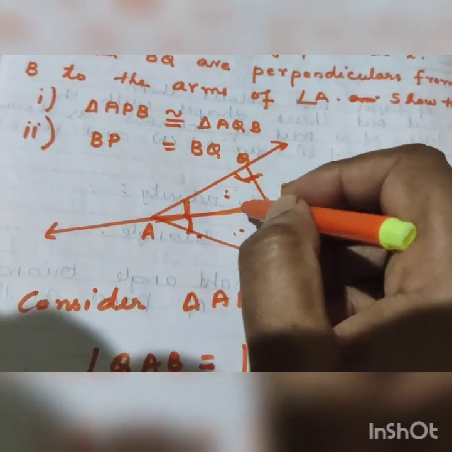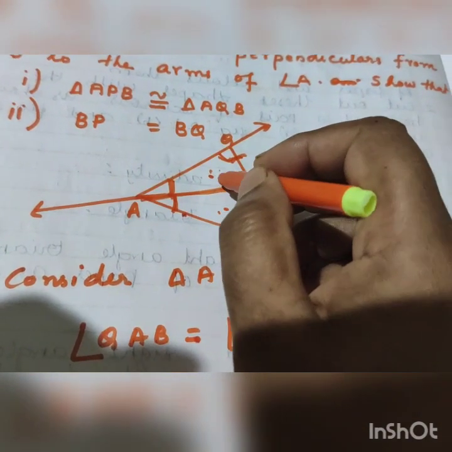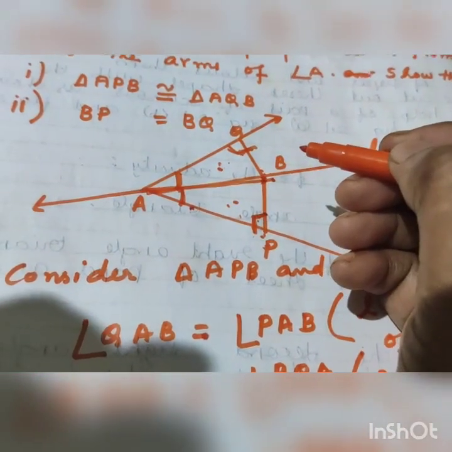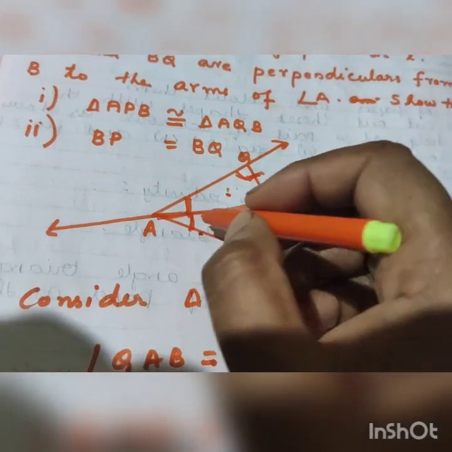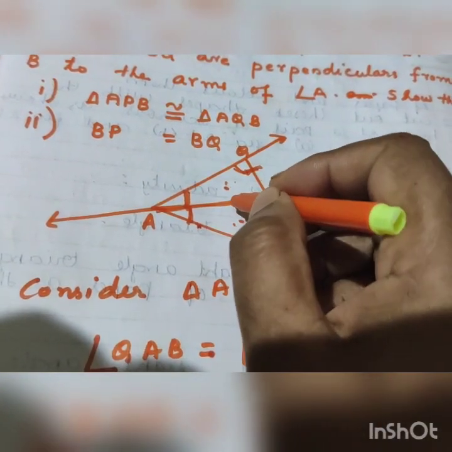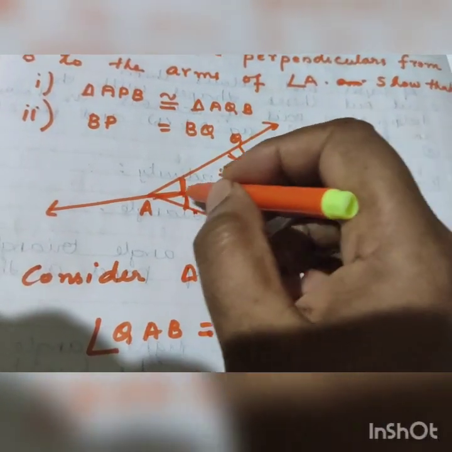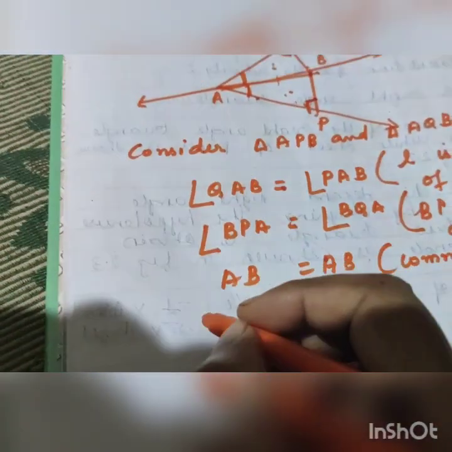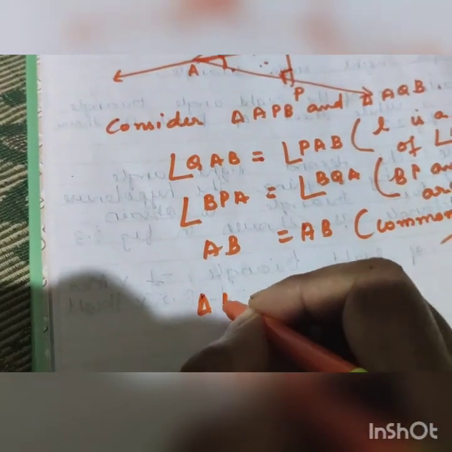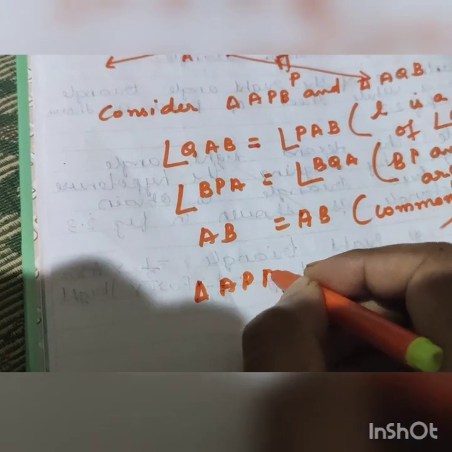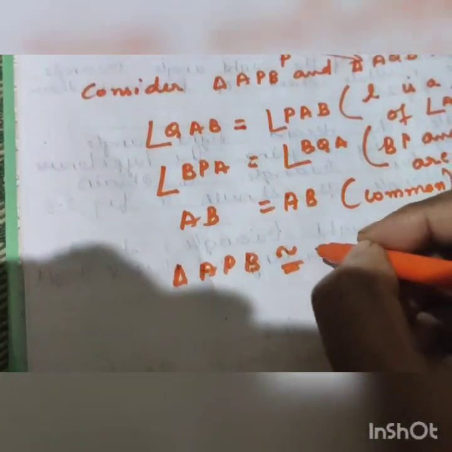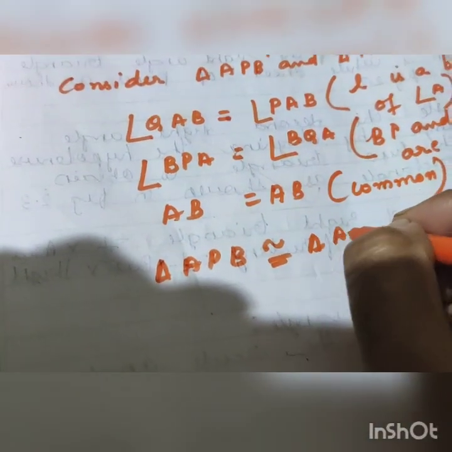So, what can you say about this? These two triangles are congruent. By which criteria? These two angles, and this is the equal side. So, we can say that triangle APB congruent to triangle AQB.